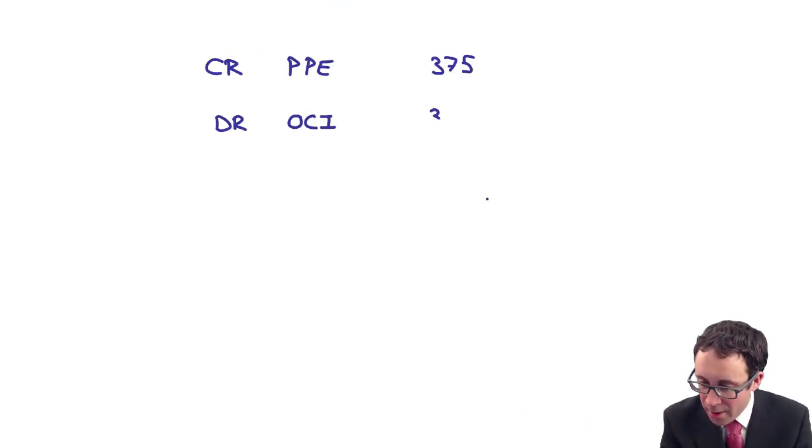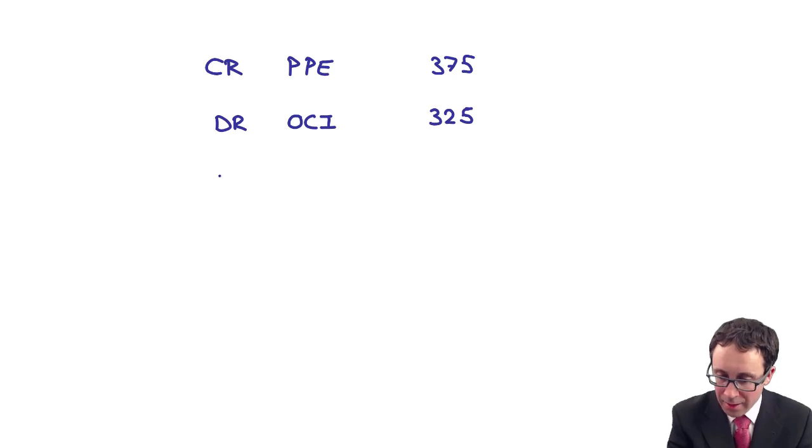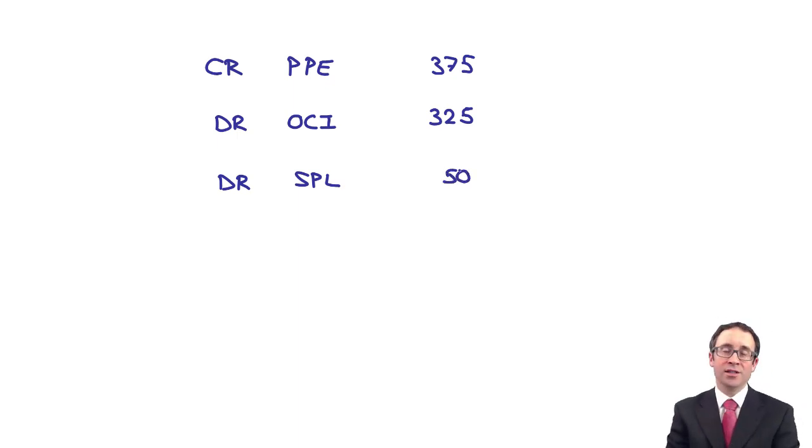So I'm going to debit my OCI with 325. And then the balance will go to my statement of profit or loss. And that balance is 50.